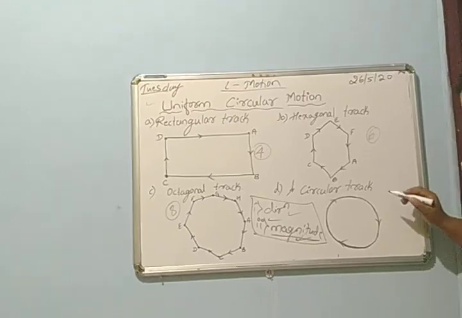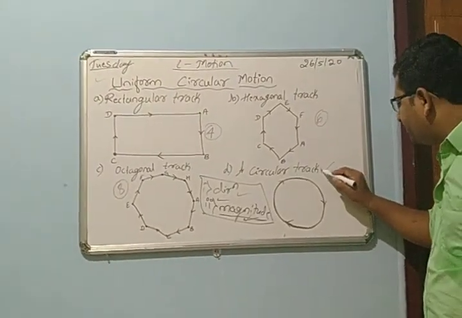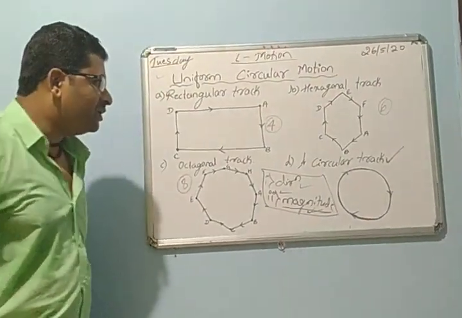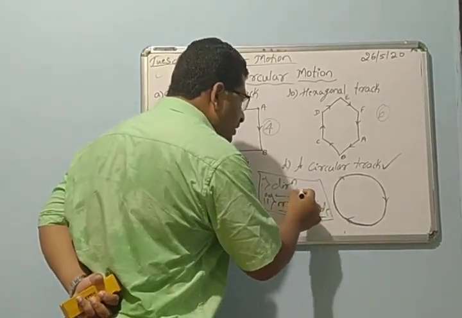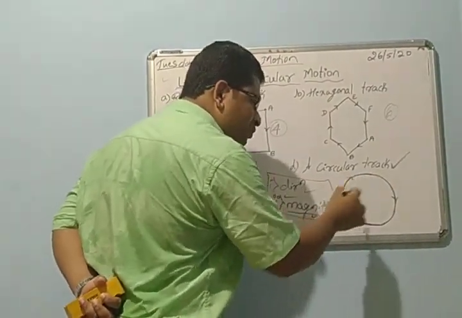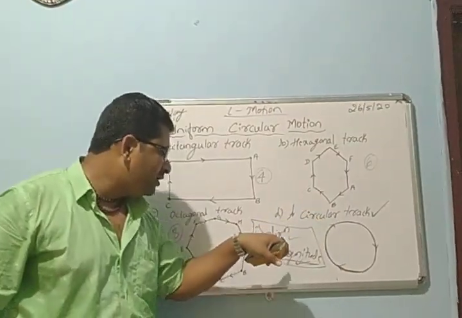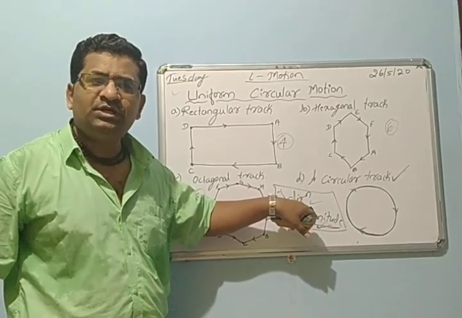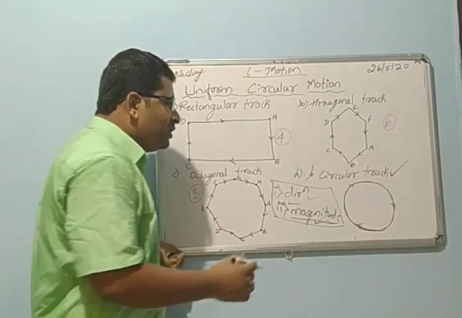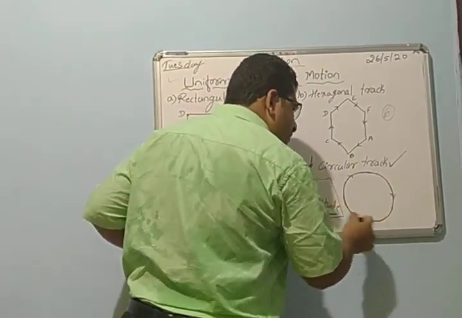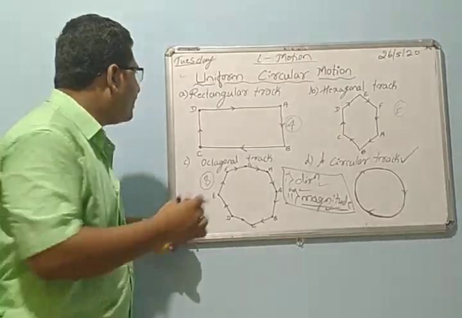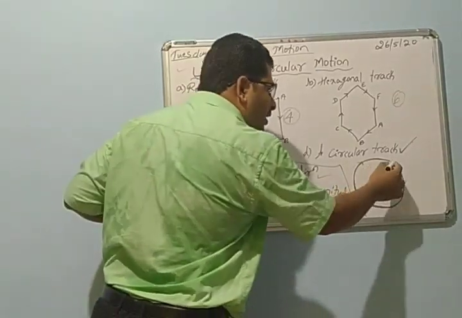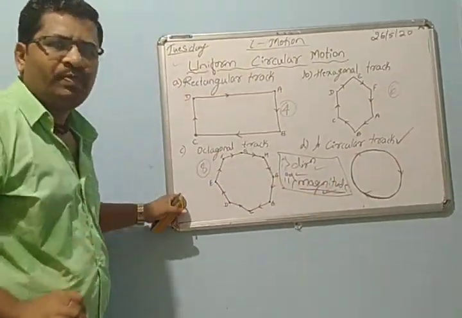But at last, if we take the circular track, here the object has started its motion, but in this circular track there is no need of changing the direction, just because here we do not find any corners or edges as we find in the rectangular, hexagonal and octagonal tracks. Here there are no distinct corners.